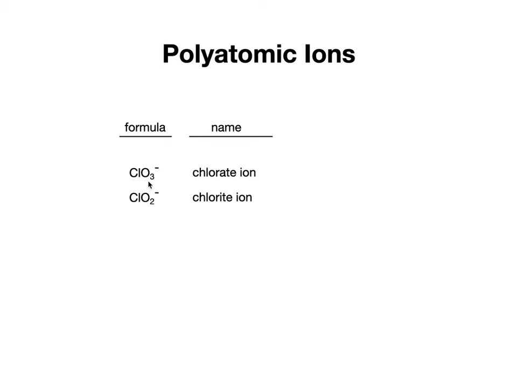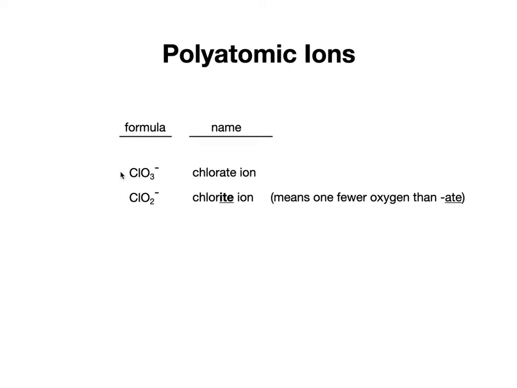All I did was use one fewer oxygen. I didn't change the charge. Anytime you see the suffix ite, ite means one fewer oxygen than the ate. So if this is chlorate, chlorite will have one fewer oxygen.